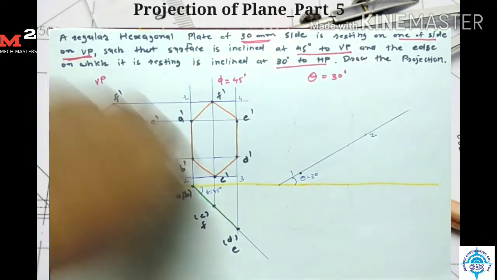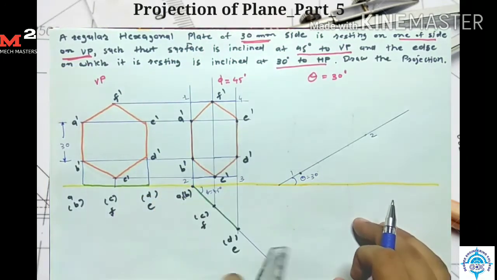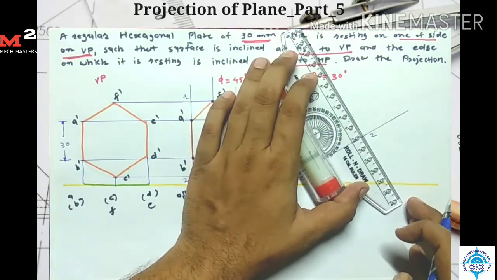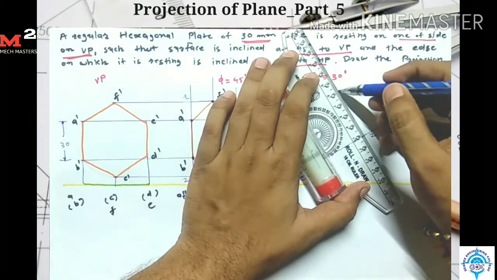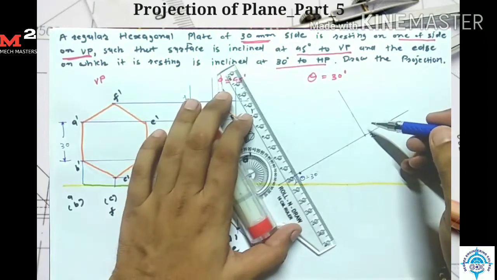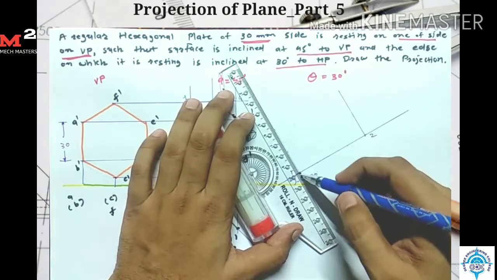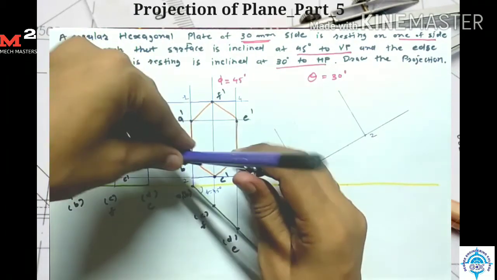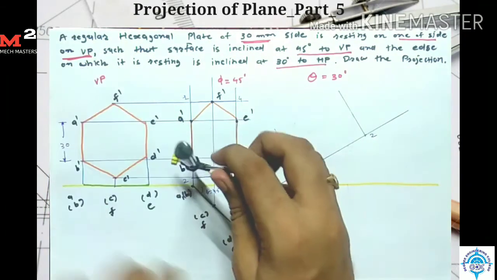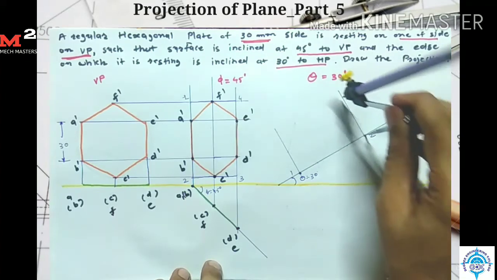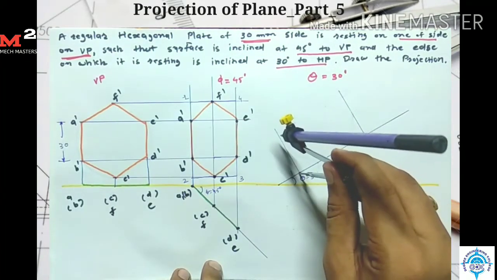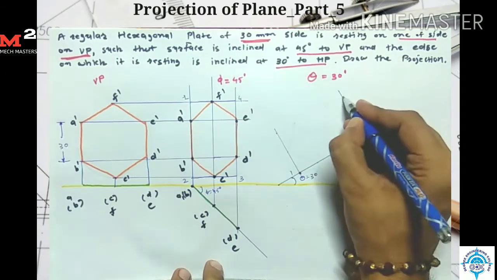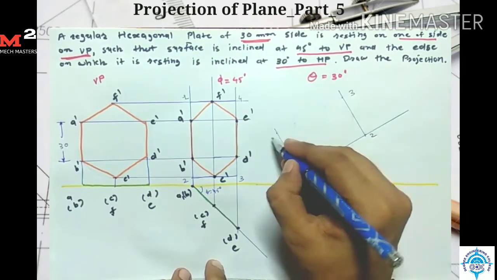Now for getting points 3 and 4, I draw one perpendicular line here and one line here. Now I measure this distance 2 to 3 and draw one arc from point 2 and one arc from point 1. So here I get my points 3 and 4.